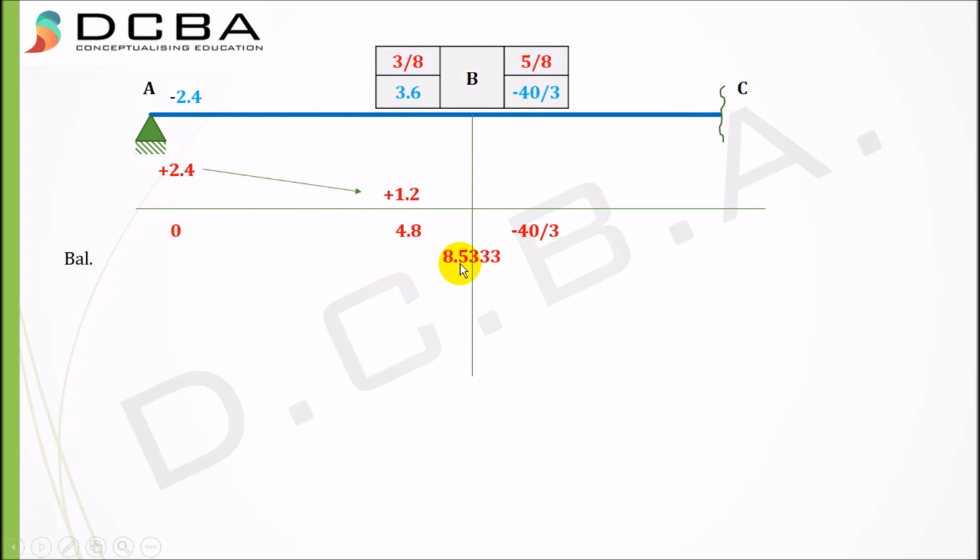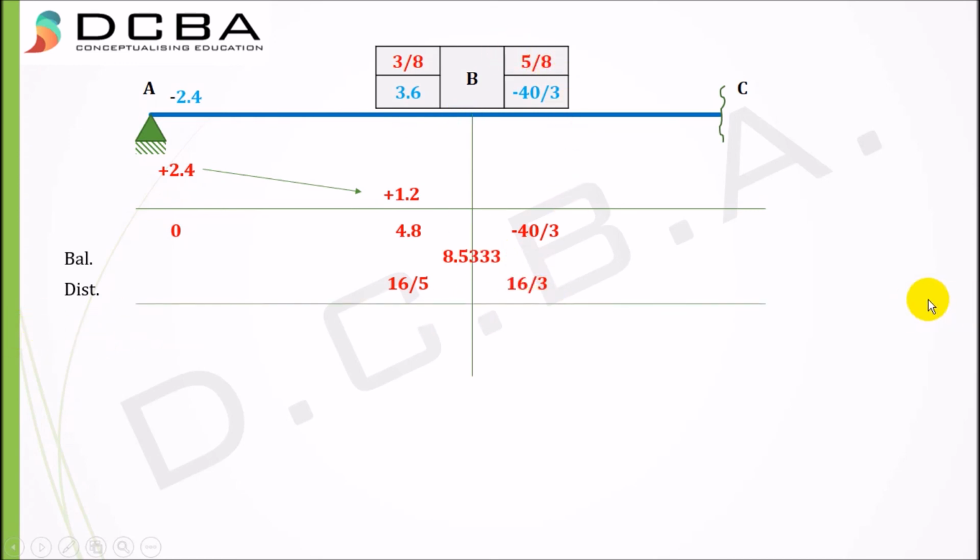So balancing is done, that is 8.5333, and now the step of distribution. In distribution, we have to multiply this balancing with the respective distribution factors. So 8.5333 into 3 by 8 is 16 by 5, and 8.5333 into 5 by 8 is 16 by 3.